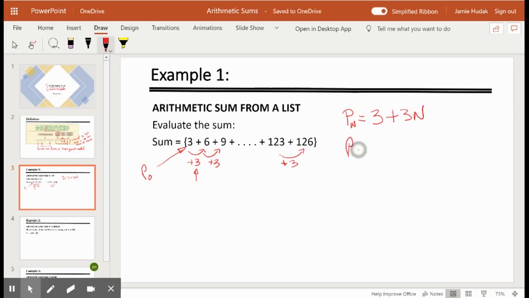We know that P0 is equal to 3, but what's the subscript of 126? We need to solve for n. Let 126 be equal to 3 plus 3n. Notice we took that from our model, and we're going to solve for n.